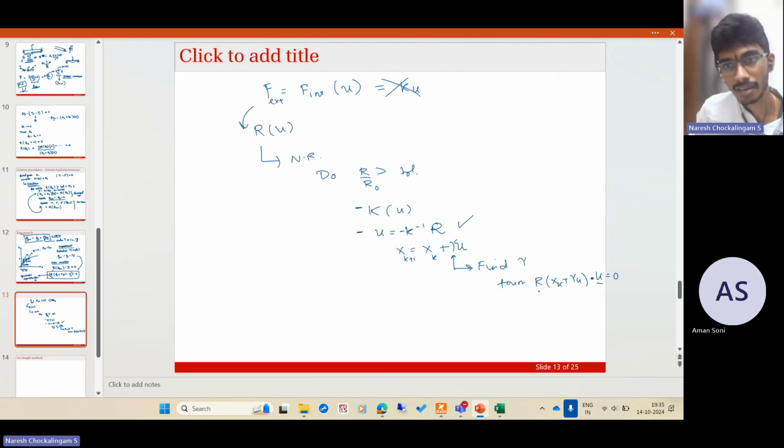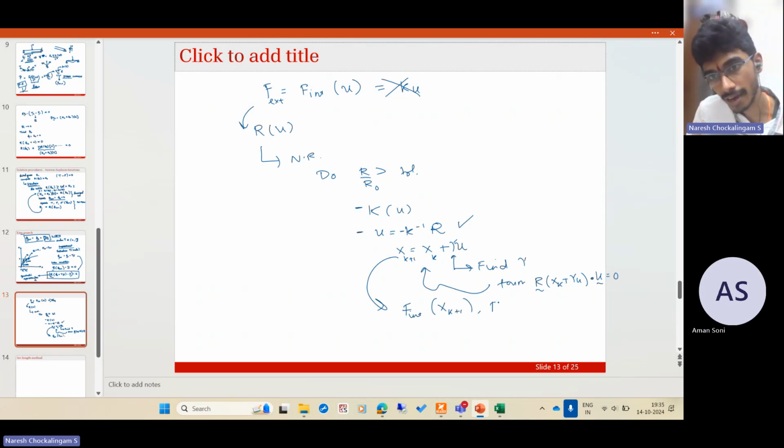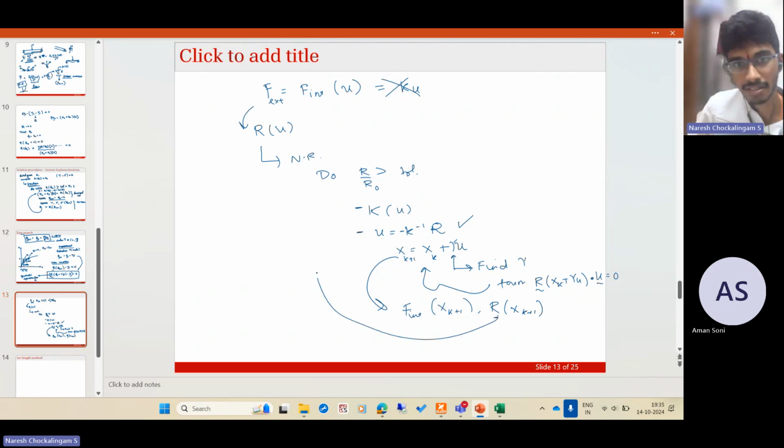So this is one equation. Solve this equation, get gamma, and after you get that gamma, do this update. In the update step, you recompute f internal of x k plus 1 and r of x k plus 1, and check if r of x k plus 1 is within the tolerance, otherwise repeat.